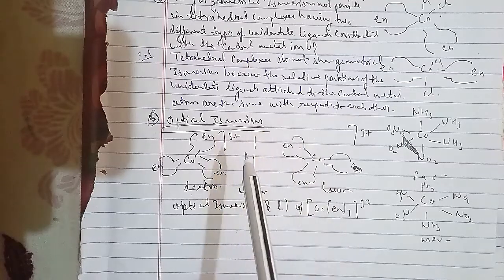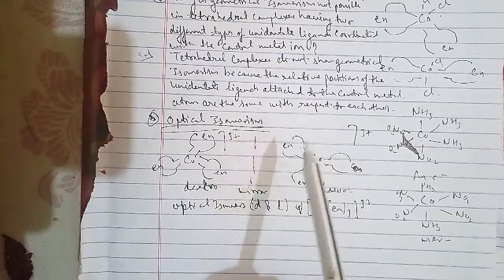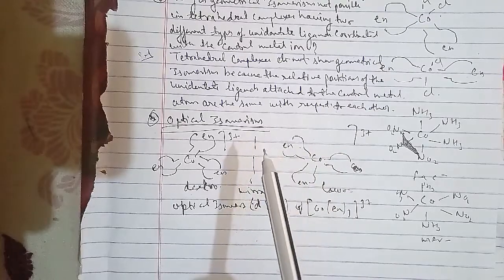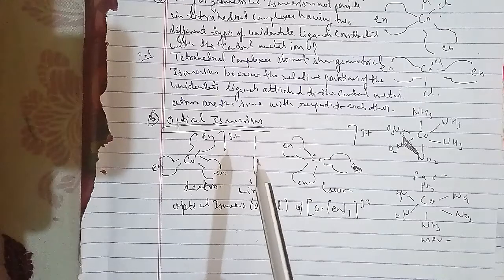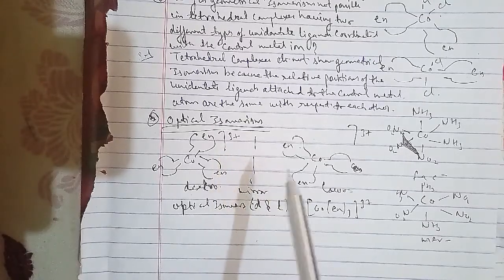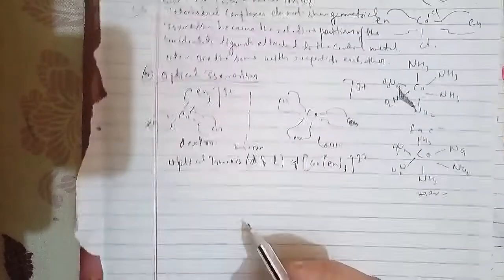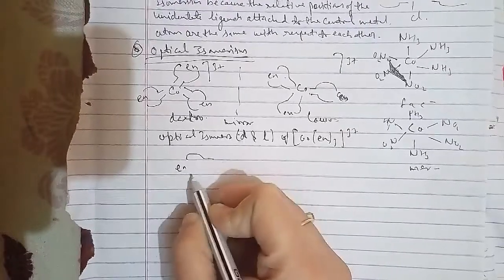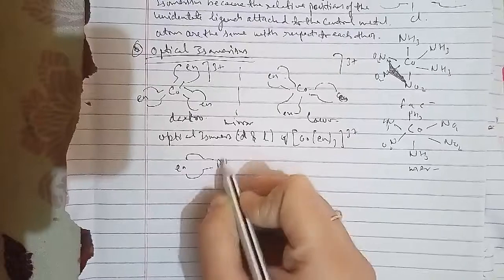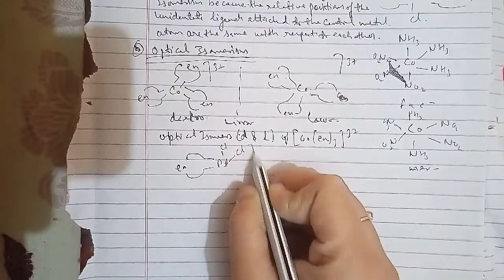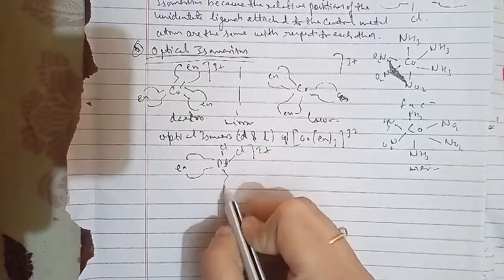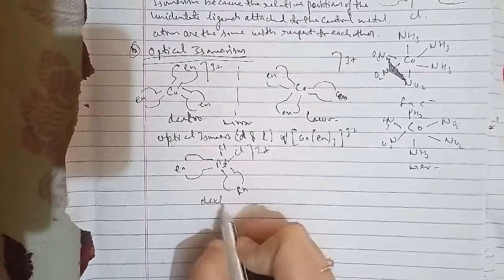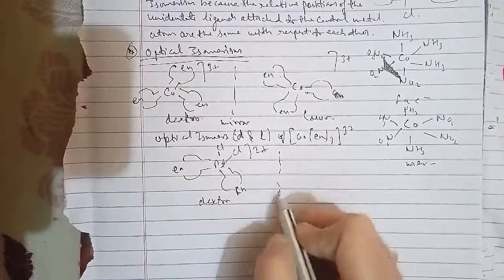This is dextro, then the mirror, with Cl, Cl, Pt, en, en. This is levo, 2+. This is the optical isomers D and L of cis-[PtCl2(en)2] 2+, as shown in the figure.